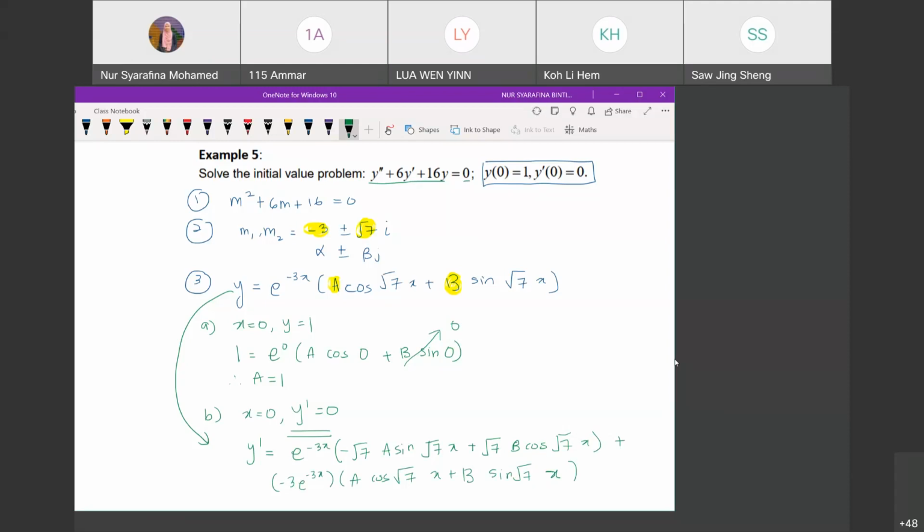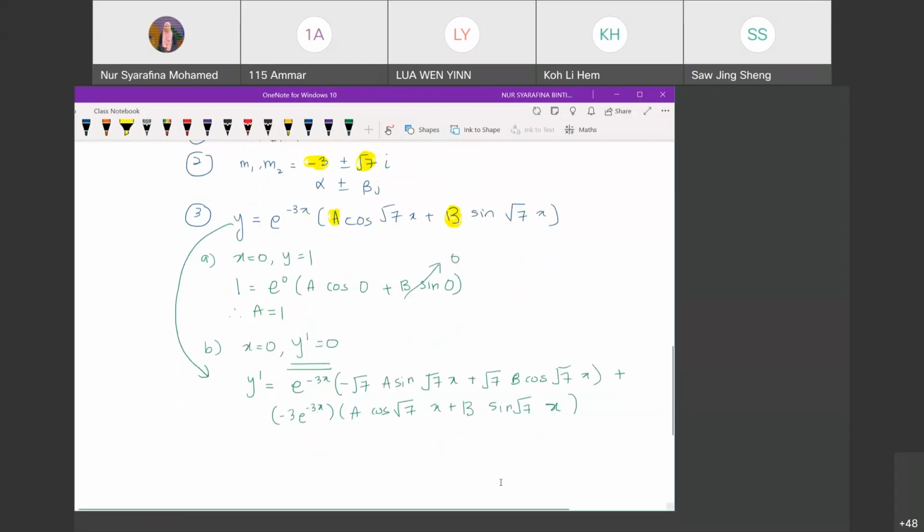Okay, same, right? So applying the condition, substitute x with 0, and y prime is 0. Solving this will give you b equals 3 over 7.